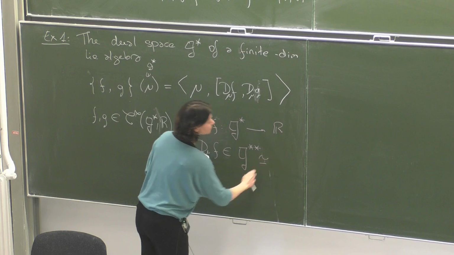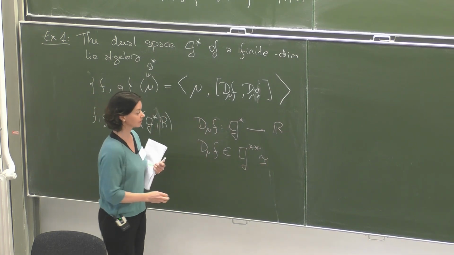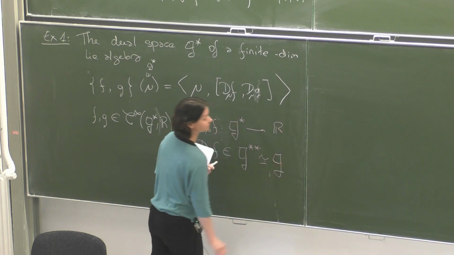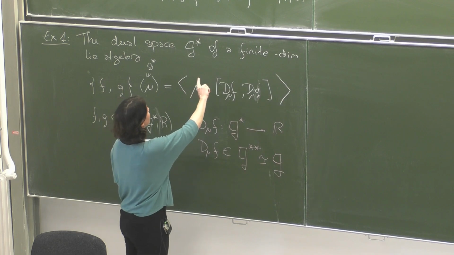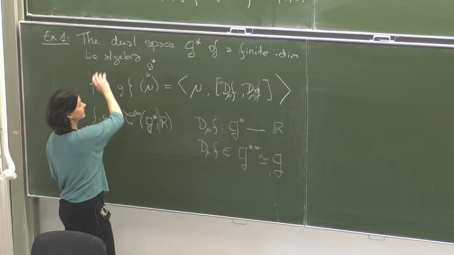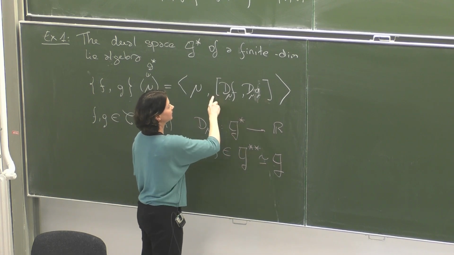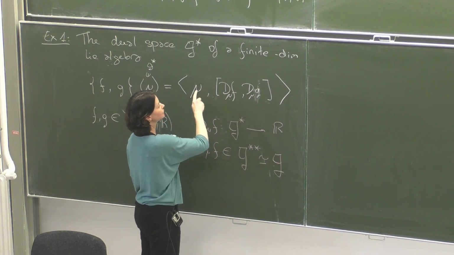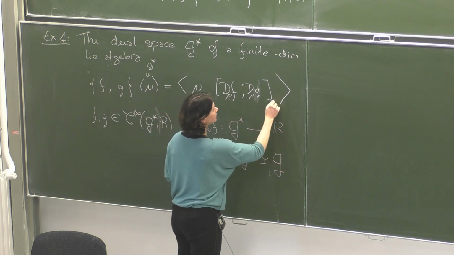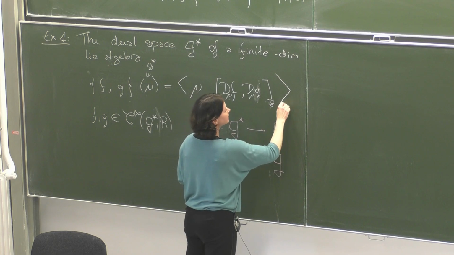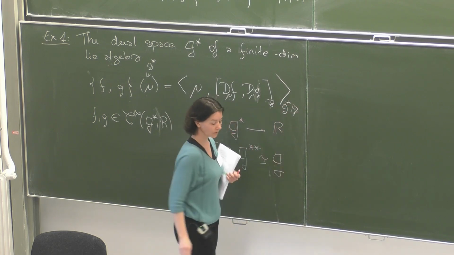In the finite dimensional case, we make this identification: G star star, the bidual, is identified with G. And in G, we have a bracket because we take this Lie algebra G. And this is the bracket that we use here to pair the covector mu with this element of G. So this is in G. And here we have the duality pairing between G star and G. Okay.